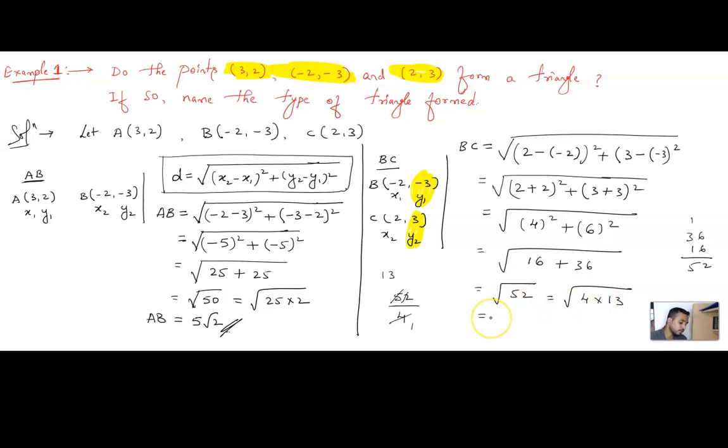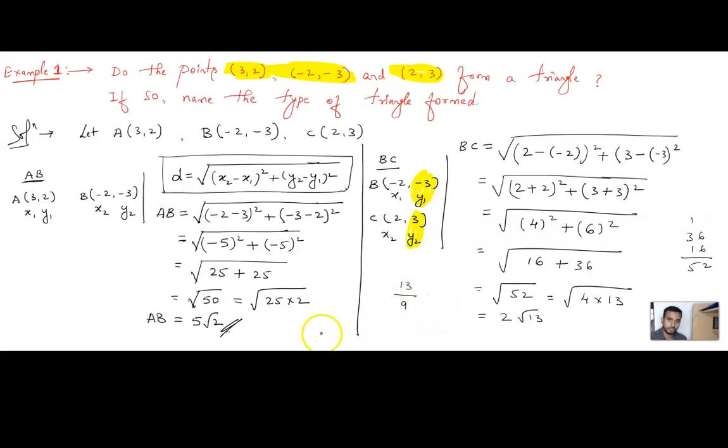4 thirteens are 52, or 13 fours are 52. Right? What is square root of 4? That is 2. Root 4 is 2. Then root 13. Now check 13. 13 is which number, odd or even? It is odd number. So which is the least odd perfect square? That is 3 threes are 9. Divide this by 9. Whether it goes or not, check it out. In 9 tables, will you get 13?